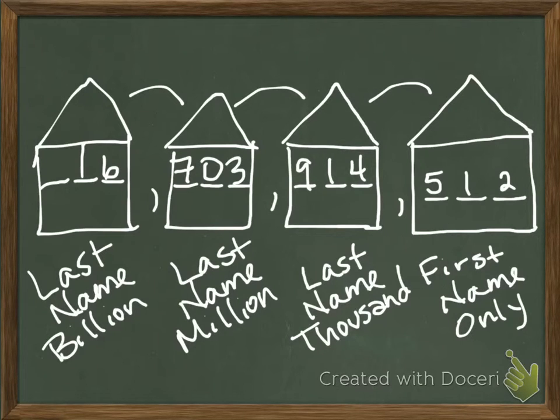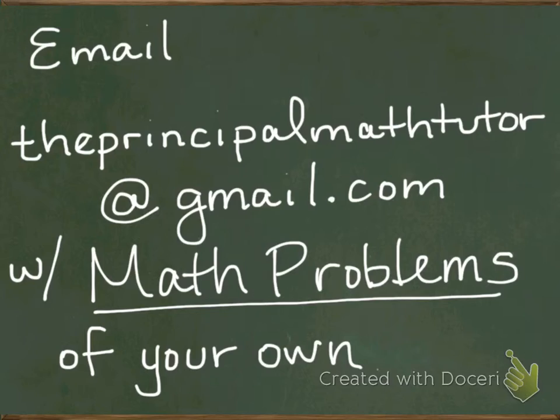Or if I put an 8, then what is that number? 816, last name, Billion, 703,914,512. I hope this really helps. That is how you would say whole numbers.